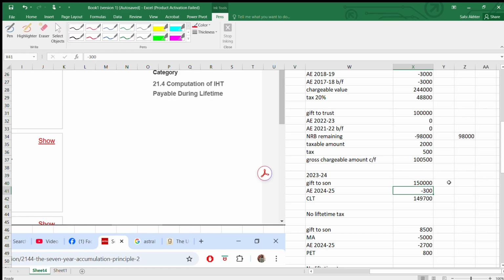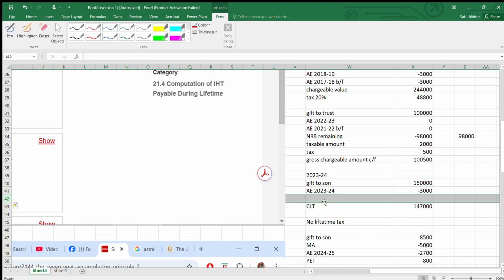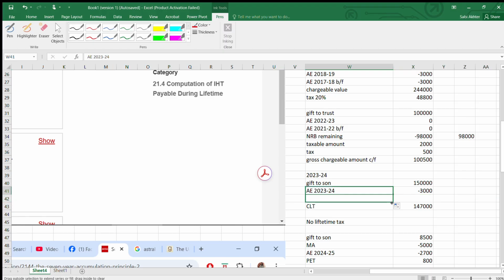From 150,000 we utilize the annual exempt 23-24 first, $3,000, and then the brought forward from previous year 22-23, minus 3,000.